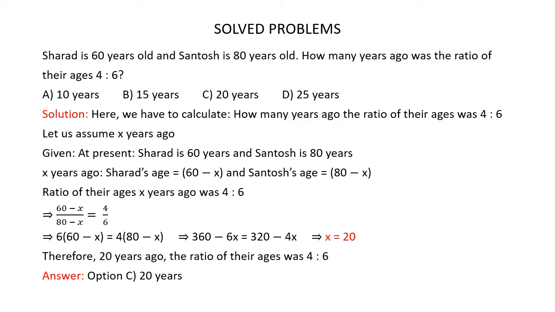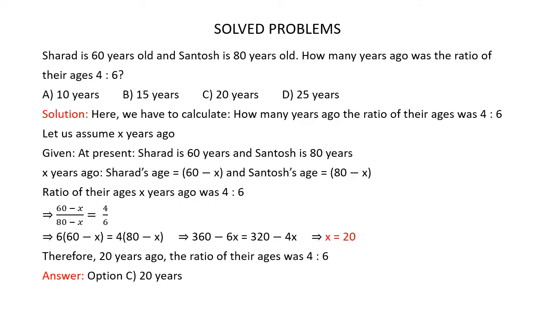It's given at present Sharad is 60 years and Santosh is 80 years. So X years ago Sharad's age would have been 60 minus X and Santosh's age would have been 80 minus X. So the ratio of their ages X years ago was 4:6.